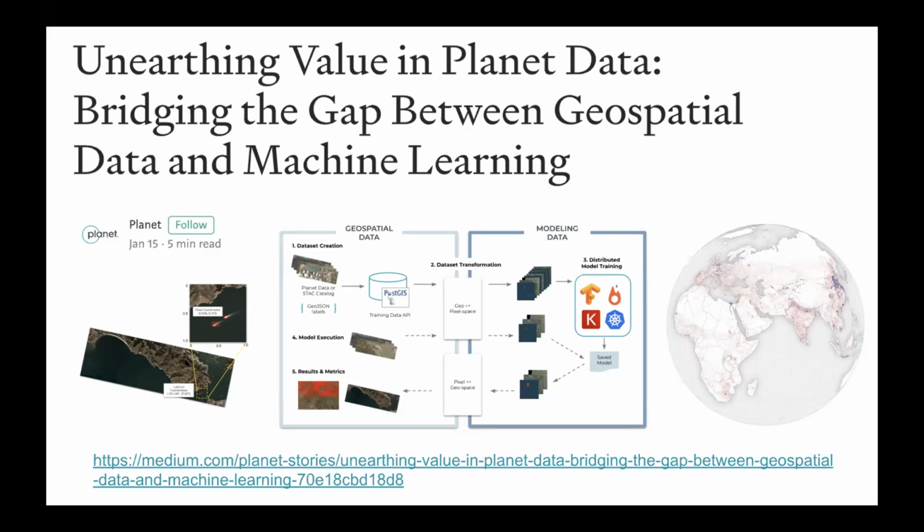And when you combine these, you can leverage both aspects to create something like this, where we trained a machine learning model and then ran it over satellite imagery of the Earth to figure out where roads and buildings were. And then we zoomed out and made a sort of heat map of the current state of roads and buildings in the world.